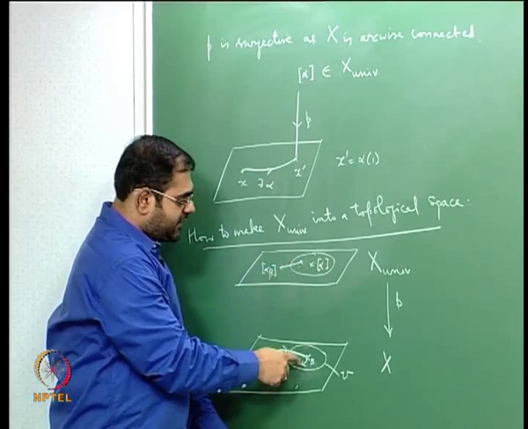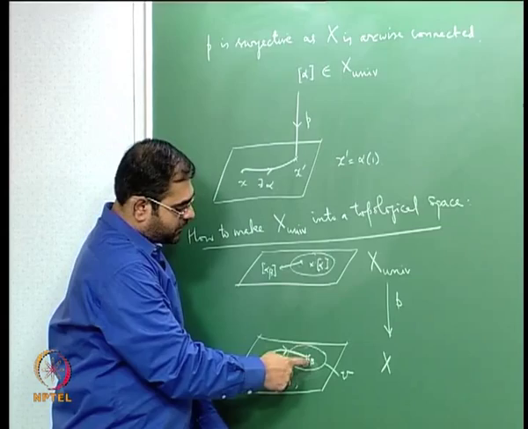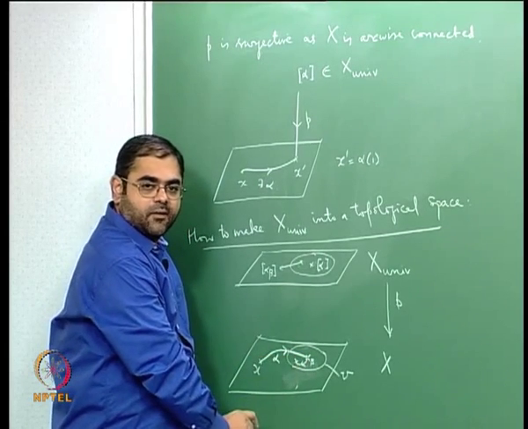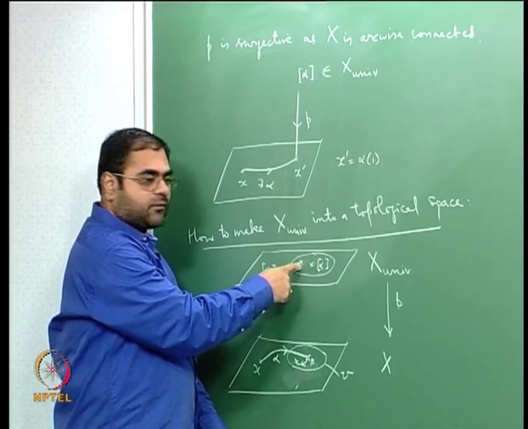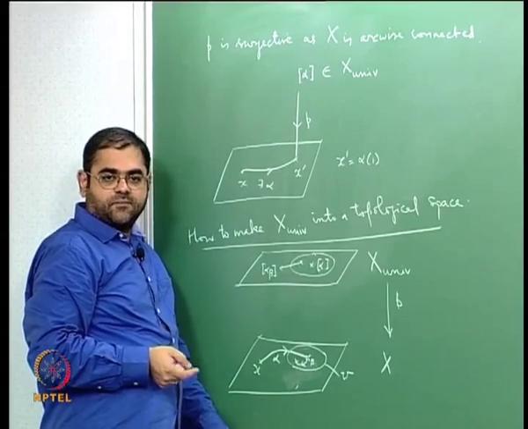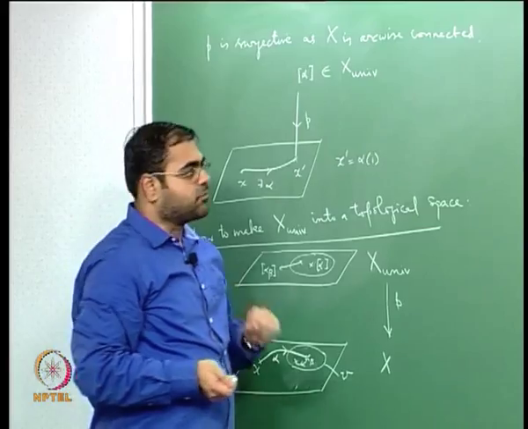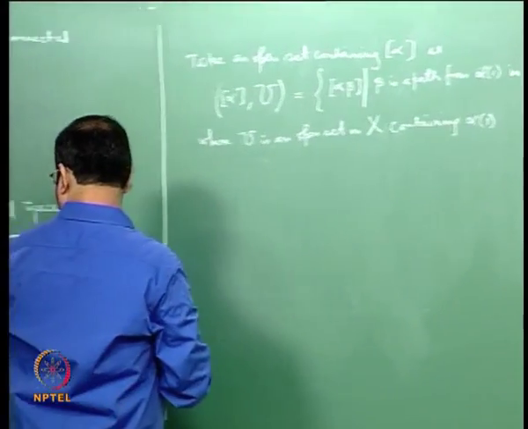I am trying to reach nearby points from alpha of 1, and therefore the points I get above are going to be points close to alpha, in a neighbourhood of alpha. So this is the intuitive way to define these open sets.